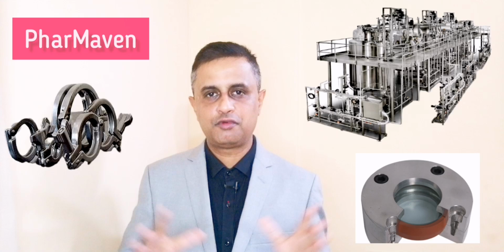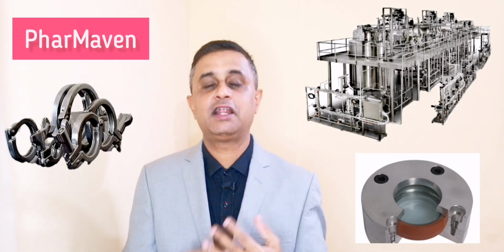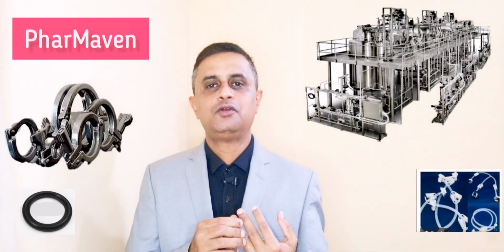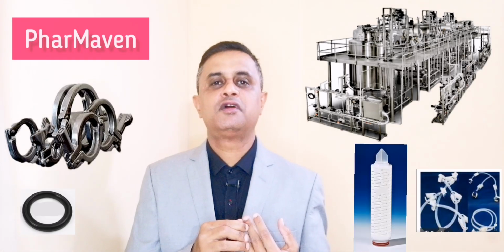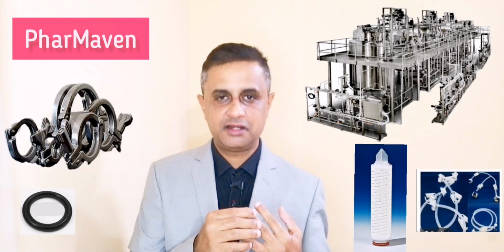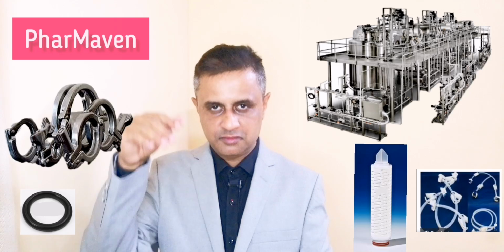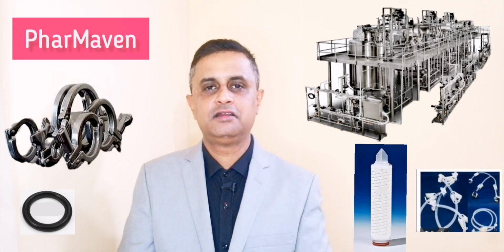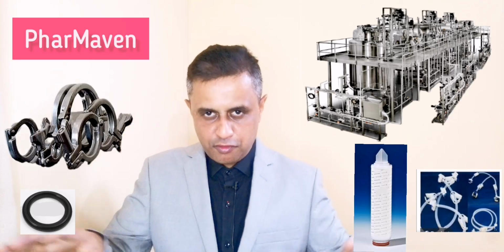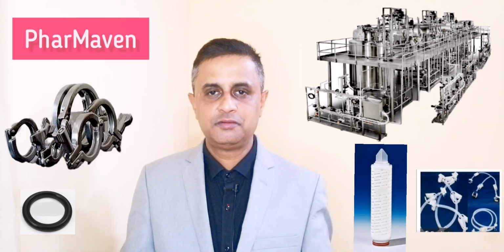While going for the media fill, ensure that you have proper connections and proper gaskets, and that all the connections are checked. There should be no dead legs and no areas where proper steam penetration is not there, including your filters, your connections, your vent filters, your connection to the filling line, and all parts of your system where steam is getting drained out.